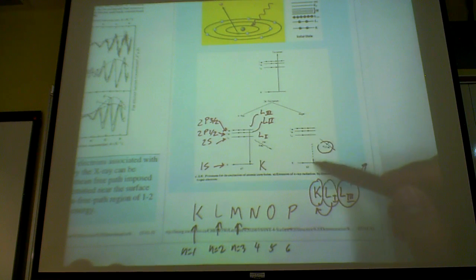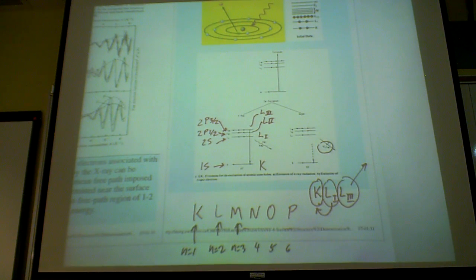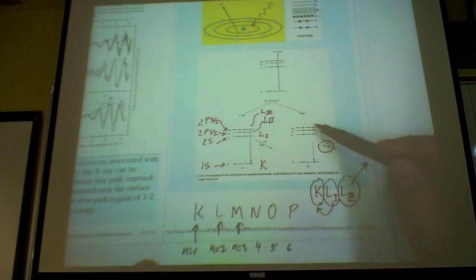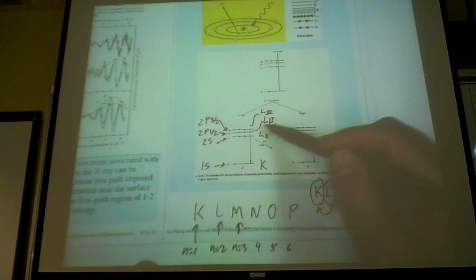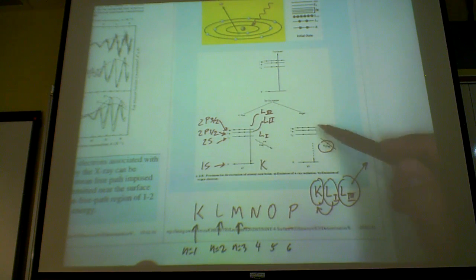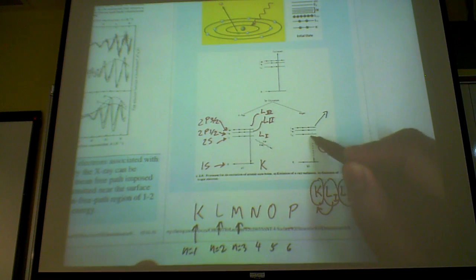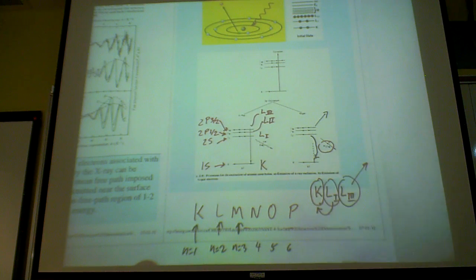So that's the first process. The upper state goes to fill the primary core hole. But you still have excess energy, and the emitted electron is coming from the L3 shell. You see this one? This one comes out, and this one goes to fill this hole, right? So in the Auger labeling, you have K, L1, L3.